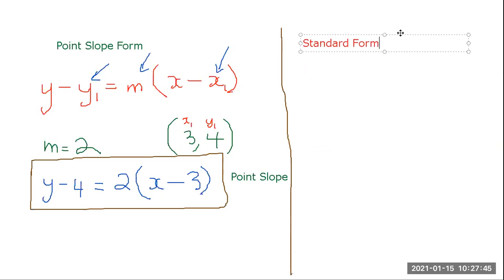When something is in standard form, it looks like this: Ax plus By equals C, where A, B, and C are constants.